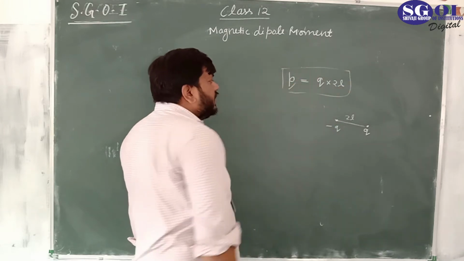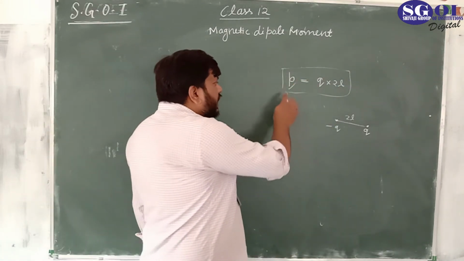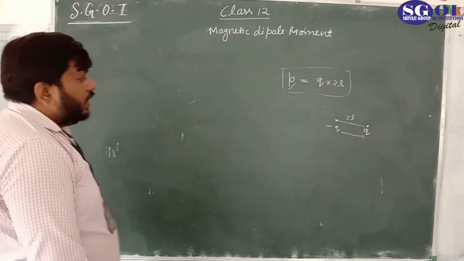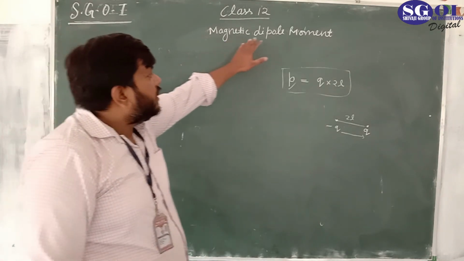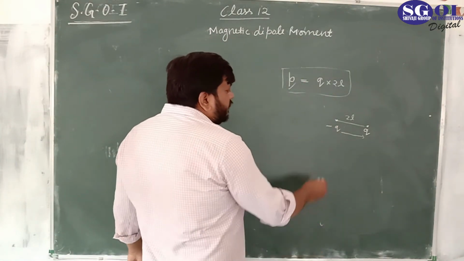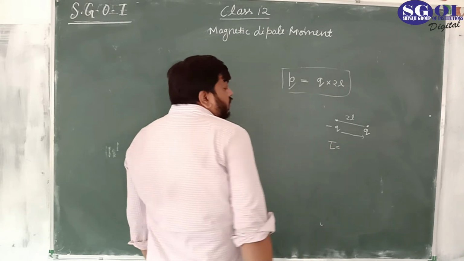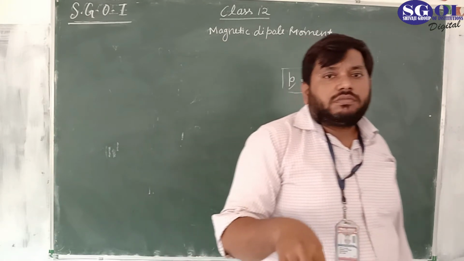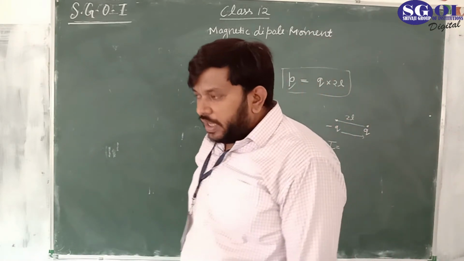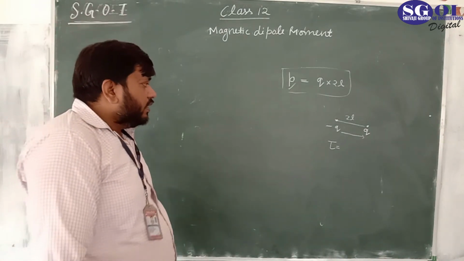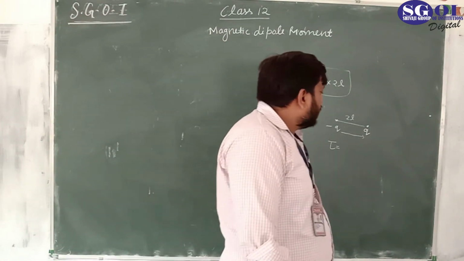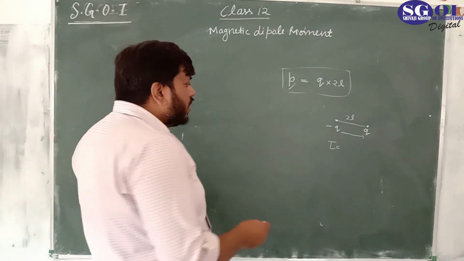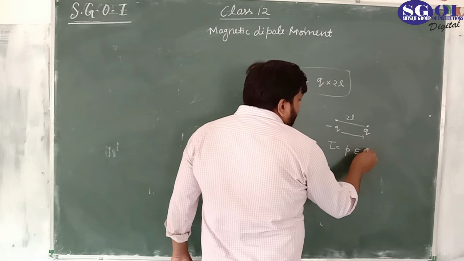And we have seen that p is a vector quantity and the direction of p is from negative to positive charge. In the same way we are going to define the magnetic dipole moment. Also we have the formula for the torque: if a dipole is placed in a uniform electric field and the angle between the dipole moment and the electric field is theta, the torque is given by pE sin theta.